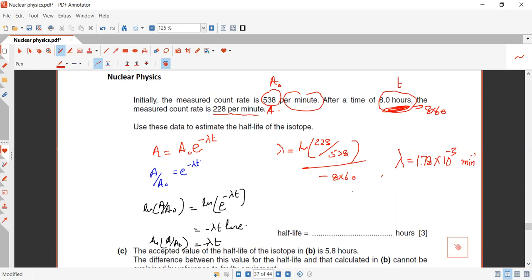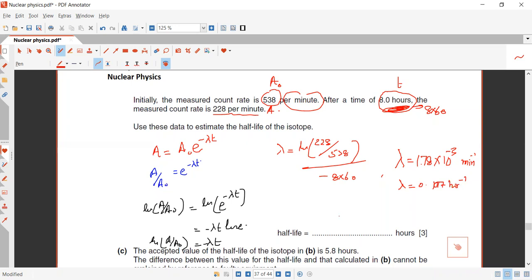Now the next thing is we have to convert it into hours. If we go from minutes to hours, we would divide by 60, but this is per minute, so we multiply it by 60. So lambda equals 0.107 per hour, right?